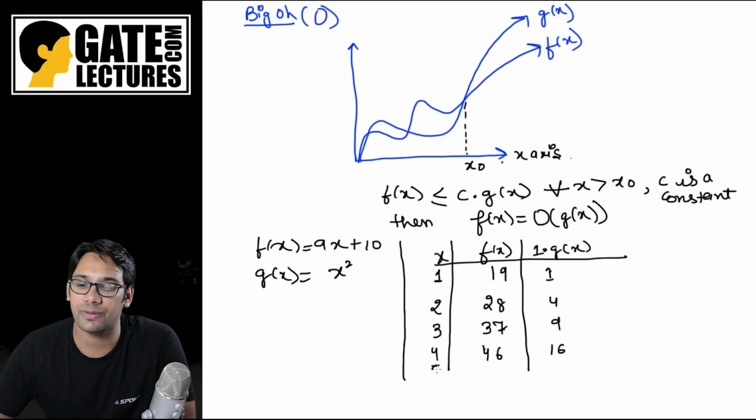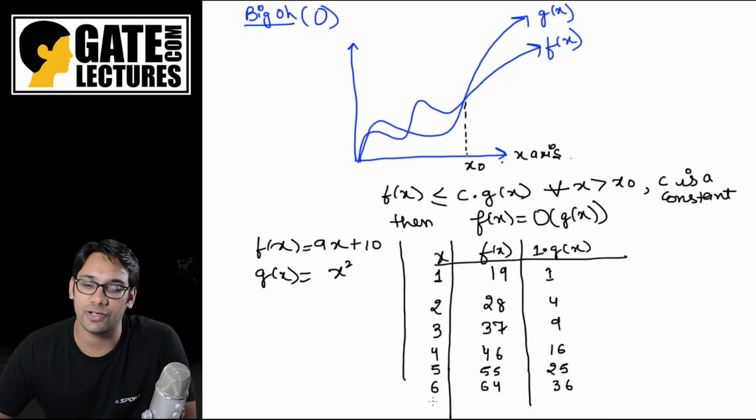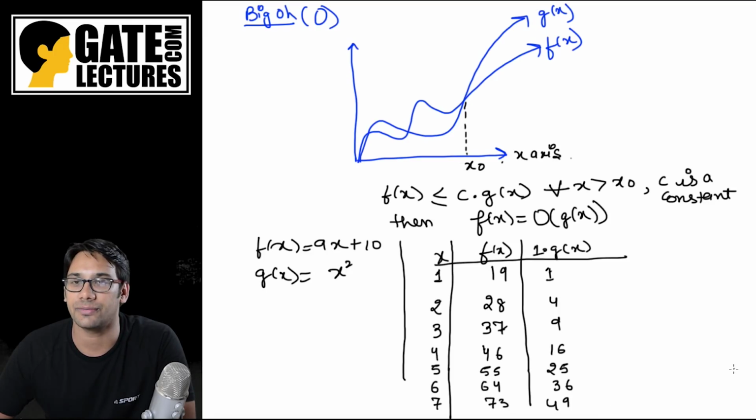If x is 5, f(x) will become 55 and g(x) will become 25. If x is 6, f(x) will become 64 and g(x) will become 36. If x is 7, f(x) will become 73 and g(x) will become 49.